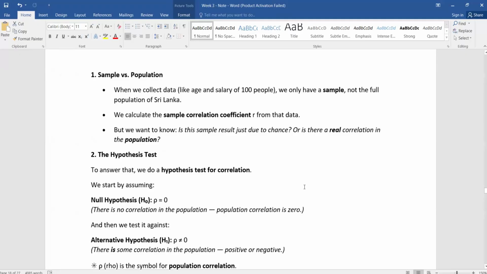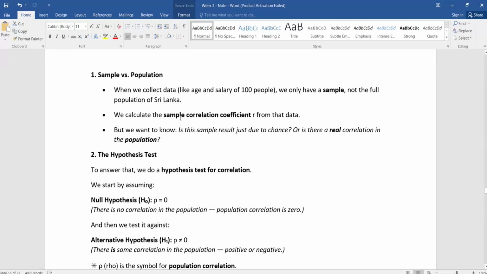As an example, I want to analyze whether there is a relationship between age and salary, the salary people get paid. My population is the working class of Sri Lanka. I'm taking a sample, let's say 100 people. So here we only have a sample, not the full population of Sri Lanka.